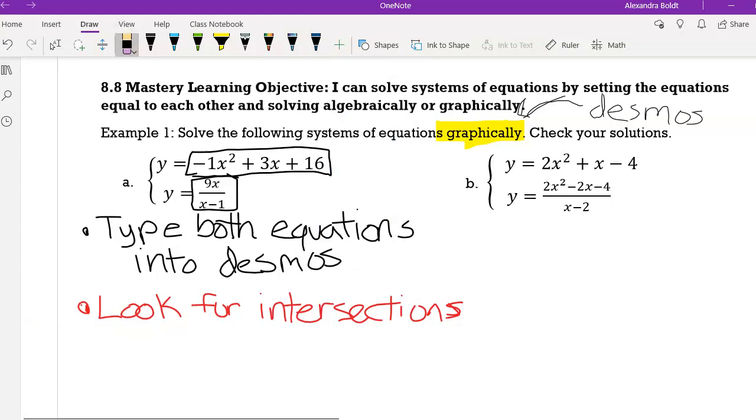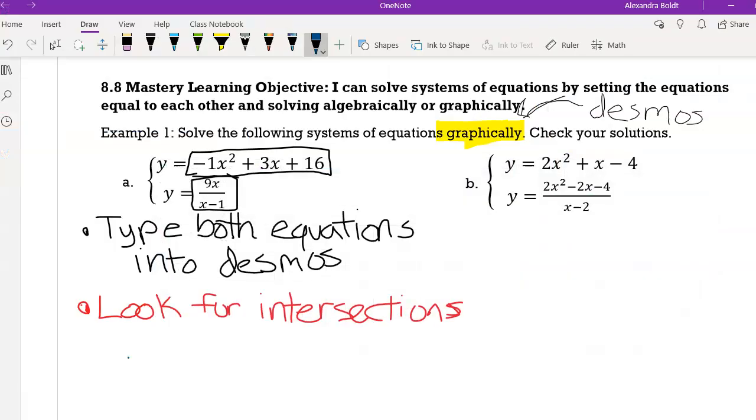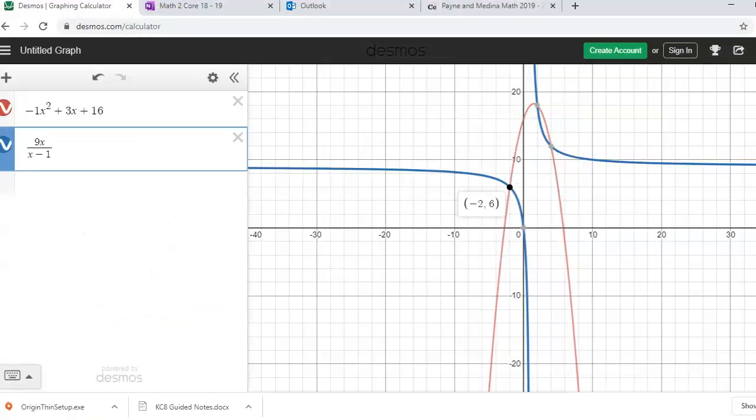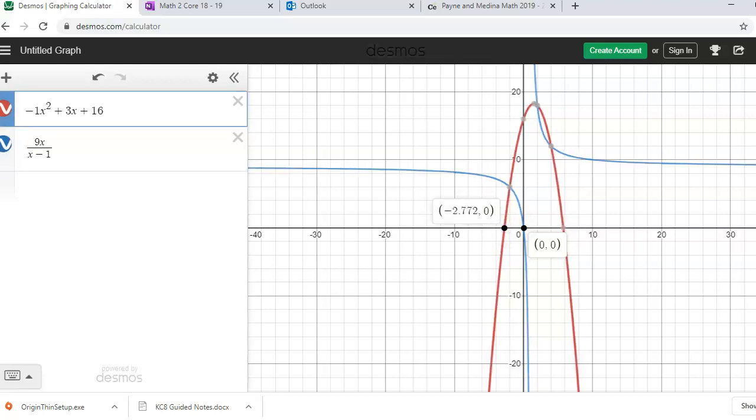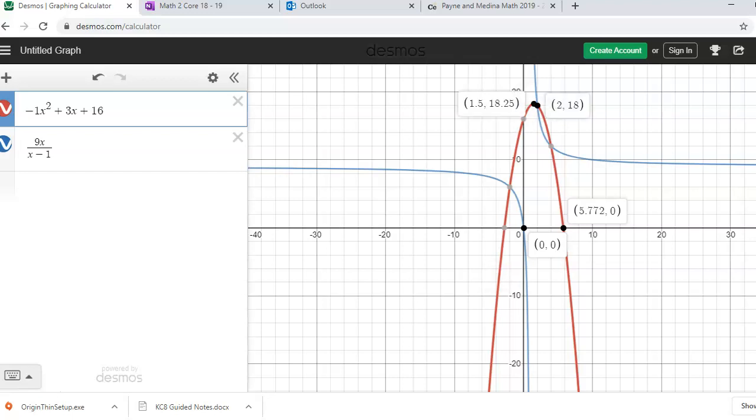Okay. So looking at Desmos, there's one here. So that's our x is negative 2. It will show you x-intercepts and y-intercepts, and it's also showing us our maximum.